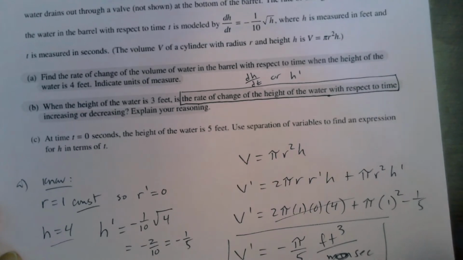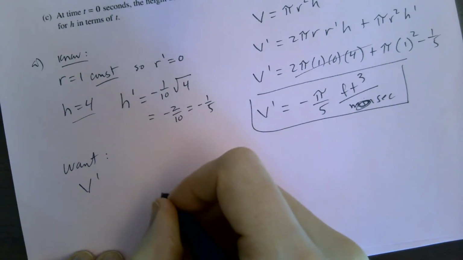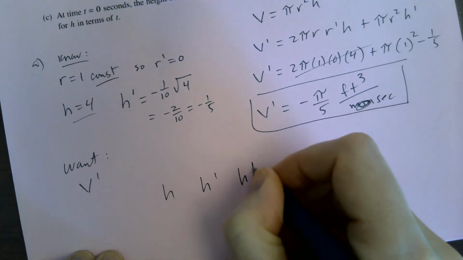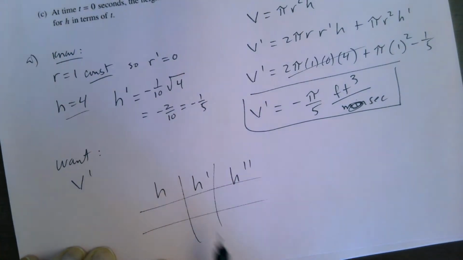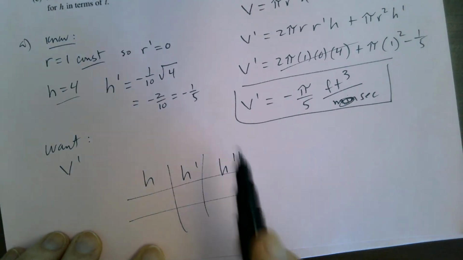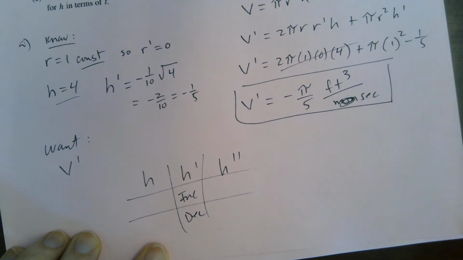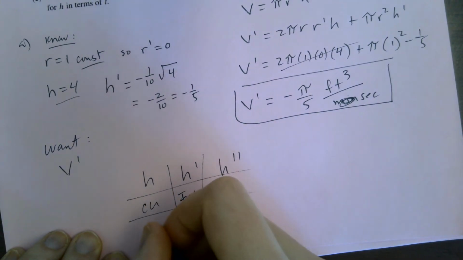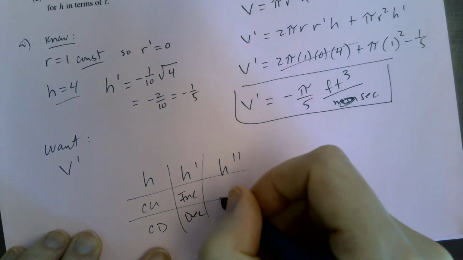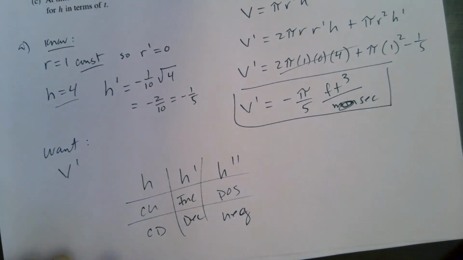So guys, you need to be thinking of Susan's table. If you have H, H prime, H double prime, think of Susan's table. We're being asked, is H prime increasing or decreasing? Well, that would correspond to H being concave up or concave down, and H double prime being positive or negative.